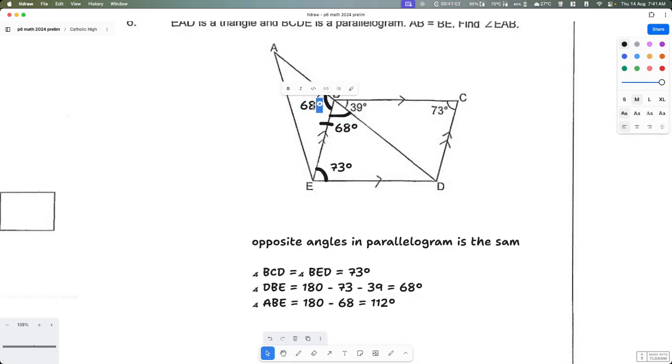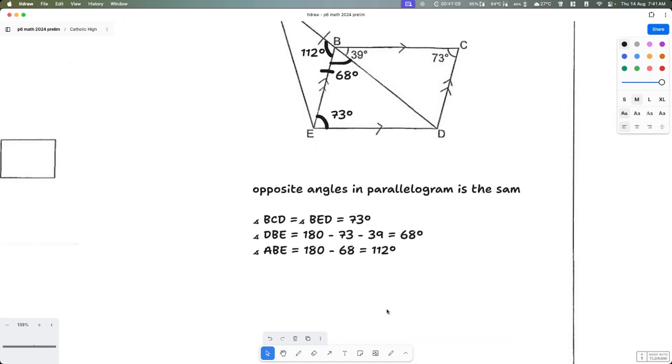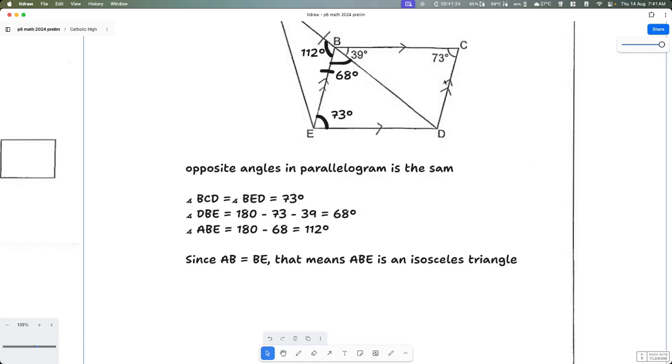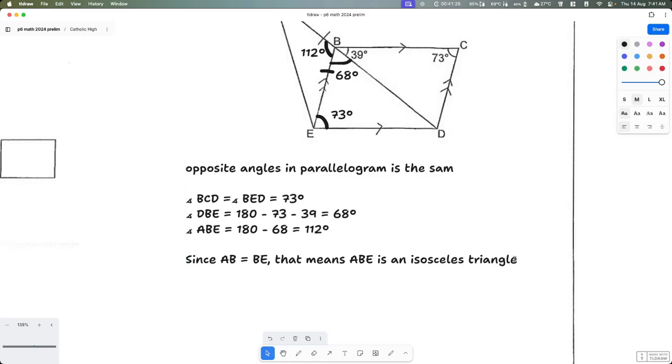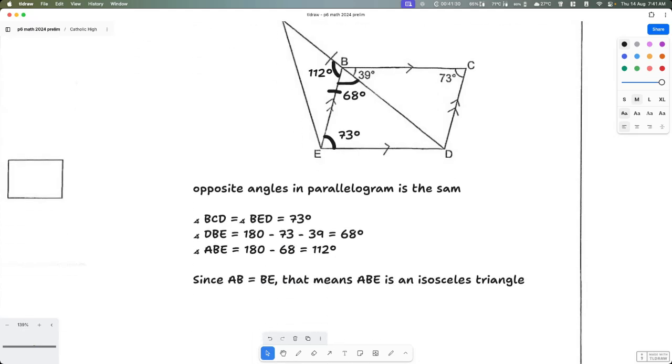Since AB is equal to BE, that means ABE is an isosceles triangle. So we want EAB.